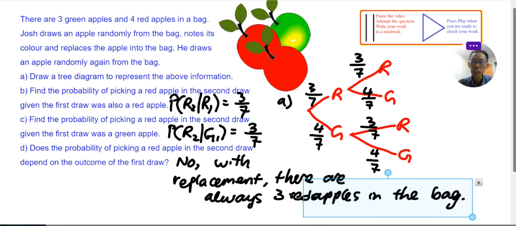So the probability in this case is not affected by what happened before, and this means independent. That means picking the red the second time and picking the red the first time are independent of each other.